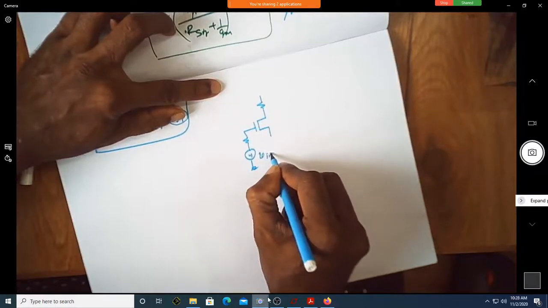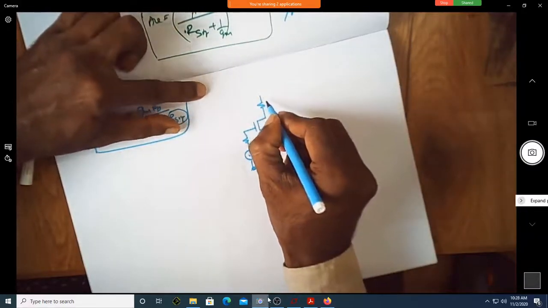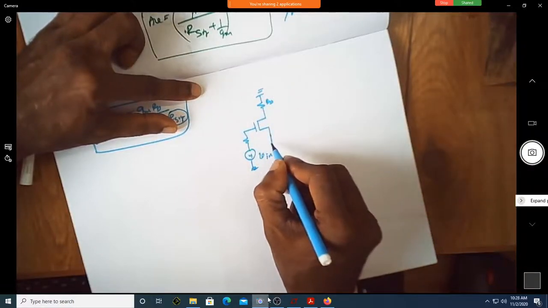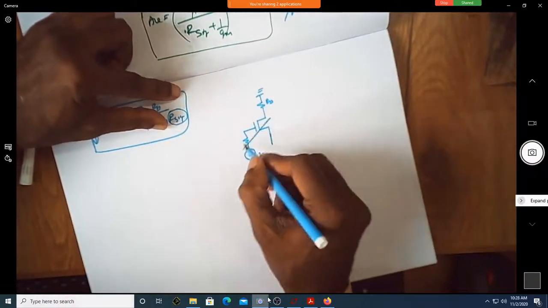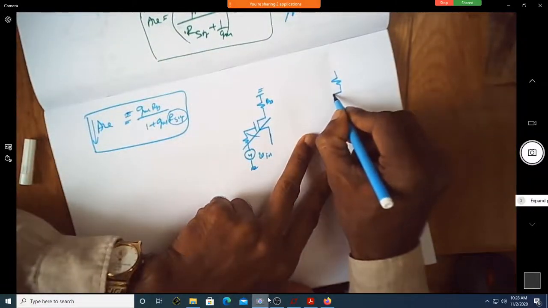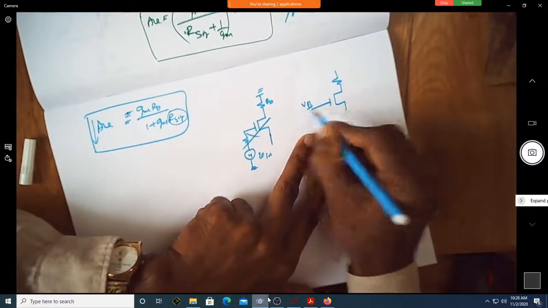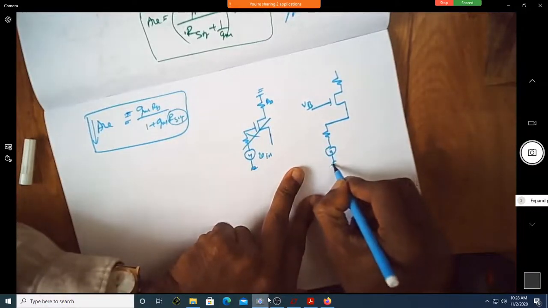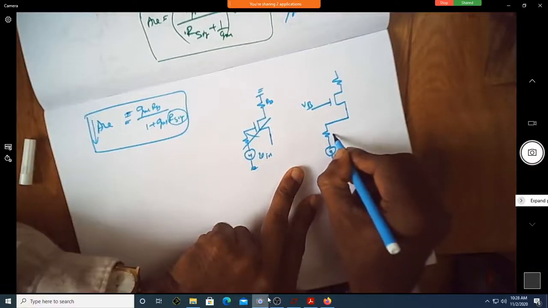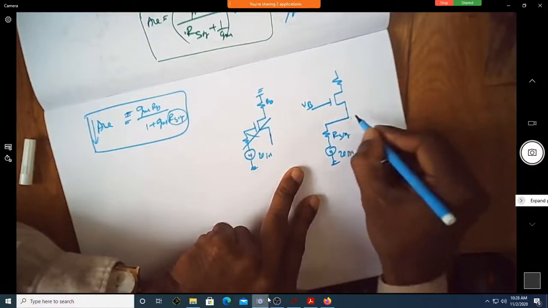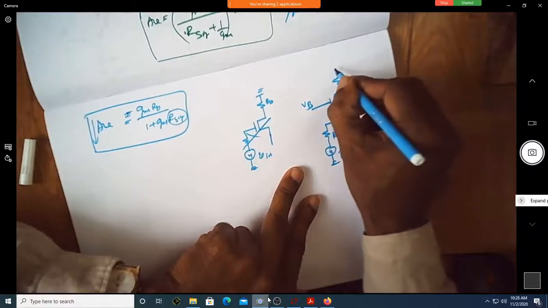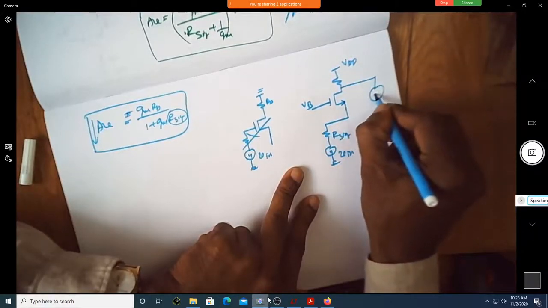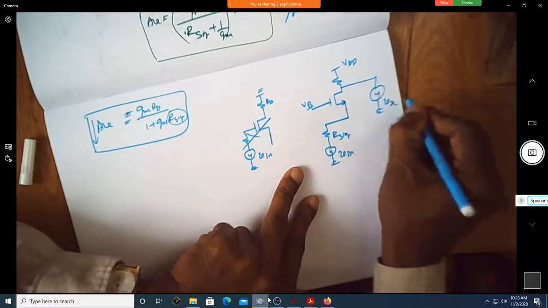This is my Vin, this is RD, and this is VDD. Here you are applying Vin, this is my R signal, and here you apply VX.